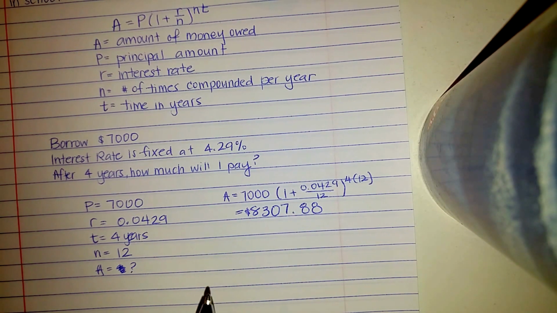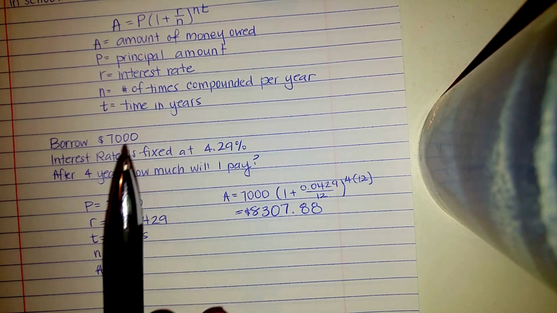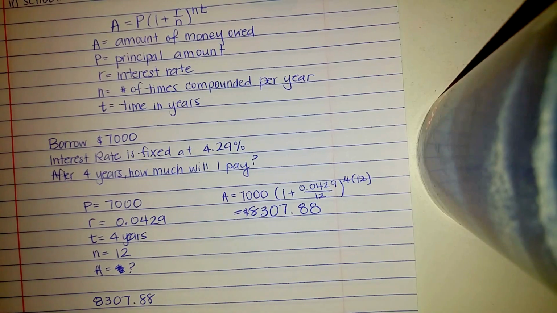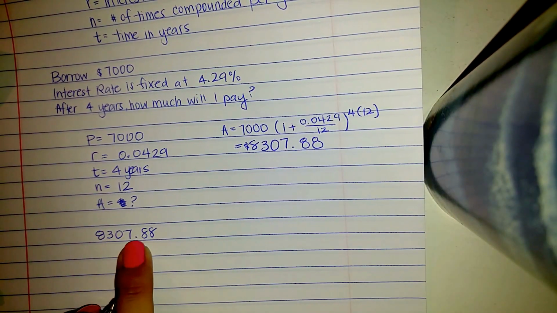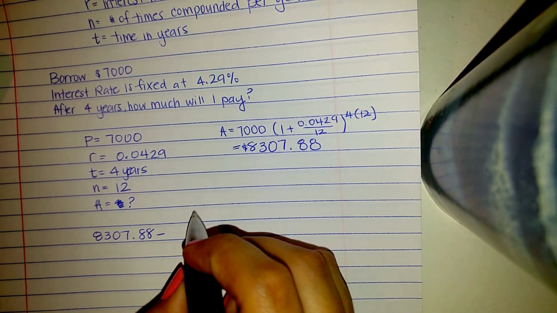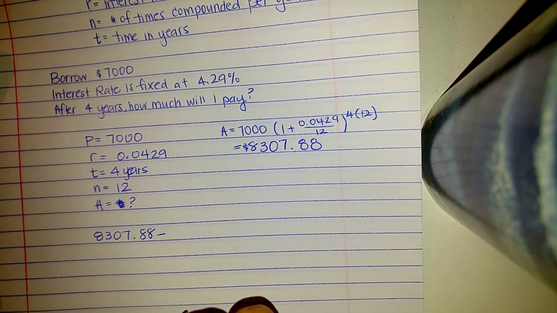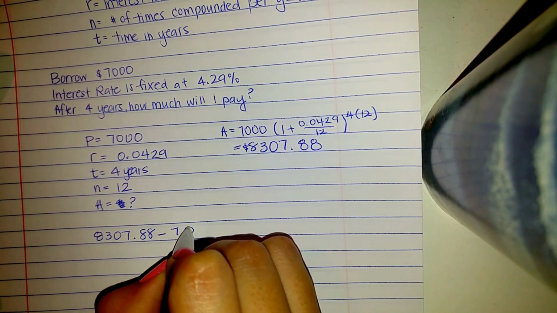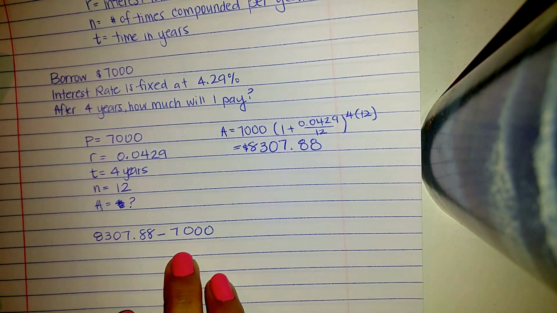So let's find out how much money I'm actually saving by getting a subsidized loan. I would have had to pay this amount. But because the government is paying my interest, once I graduate, I'm only expected at that point to pay $7,000.